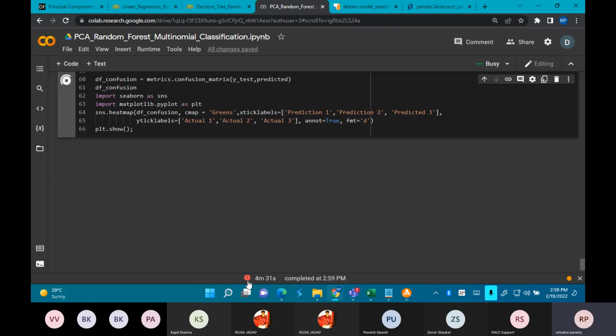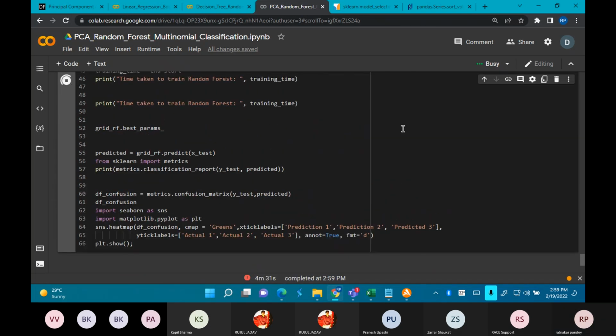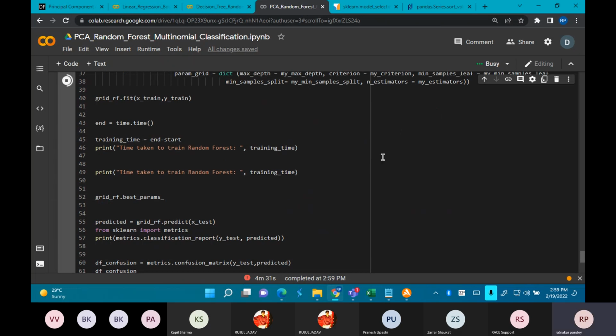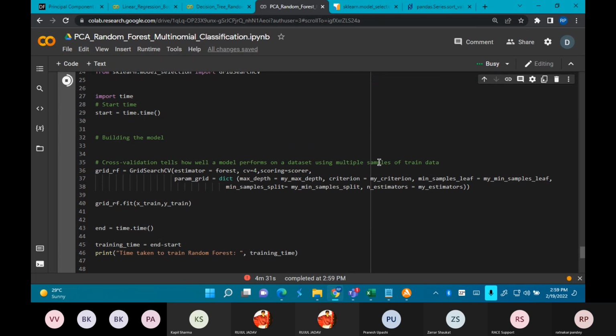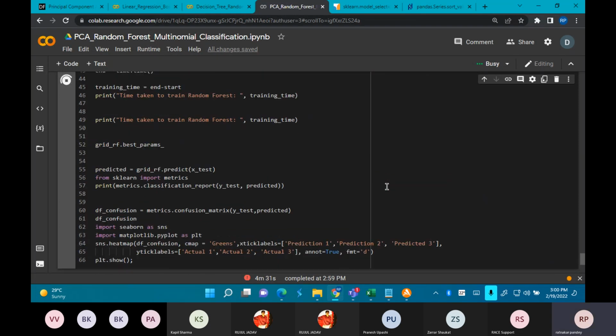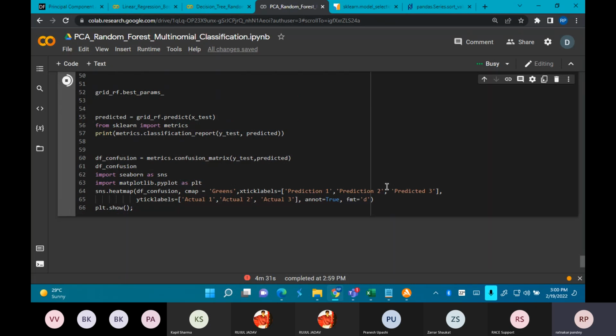Why is it giving me red? That's running. Let's see. It's running, so I'm not sure what the red is here. But it's not showing me where exactly the cursor is right now.